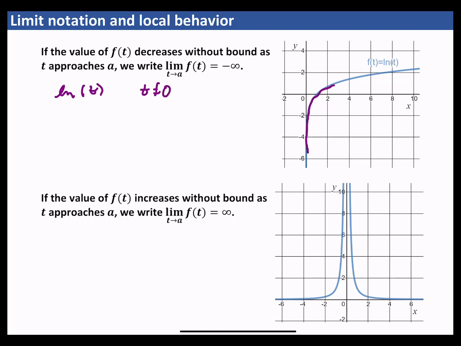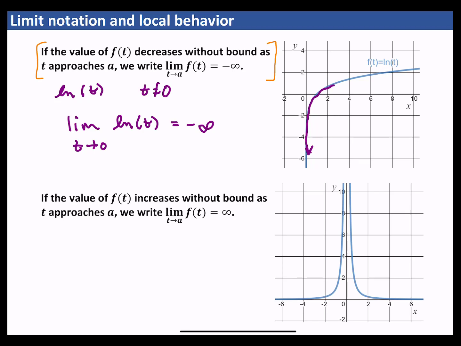We can write this in limit notation as the limit of the natural log of t as t tends towards 0 equals negative infinity. In general, if the value of f of t decreases without bound as t approaches a specific value a, we write the limit of f of t as t approaches a equals negative infinity.